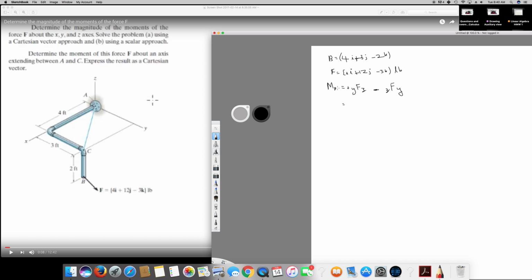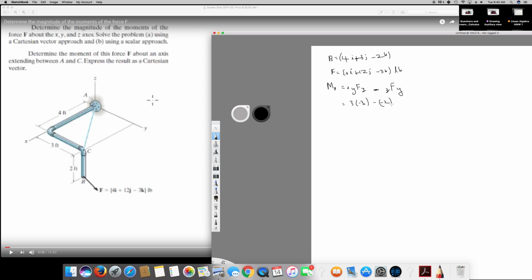Mx is going to be, first of all, what is y here? 3 is our y in the values we have found. It's 3, y times Fz. So this is my F value, I have to multiply by Fz. This is minus 3, so I have to multiply this one by minus 3, and then minus z value is minus 2.